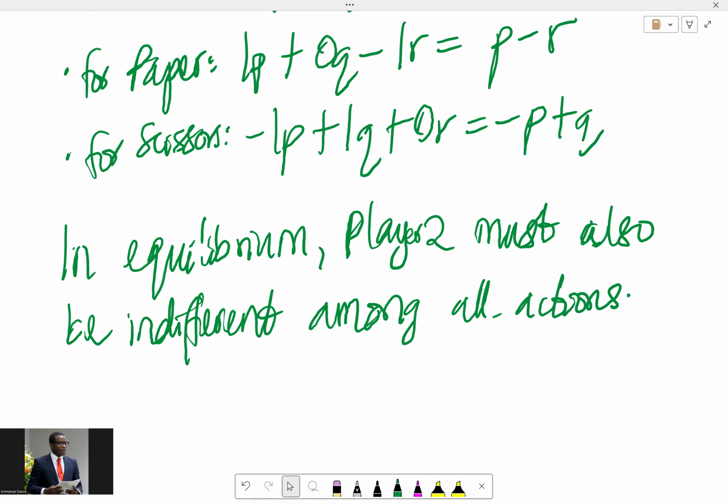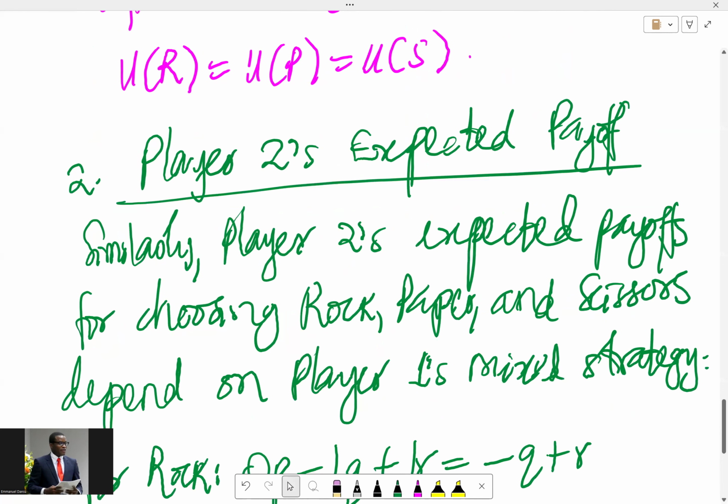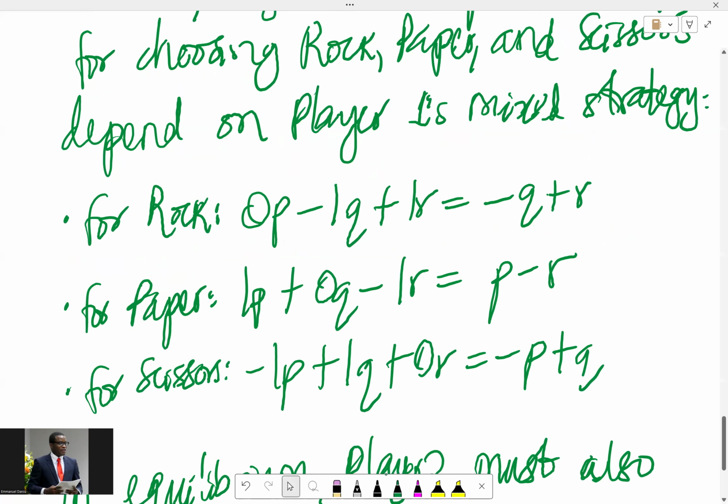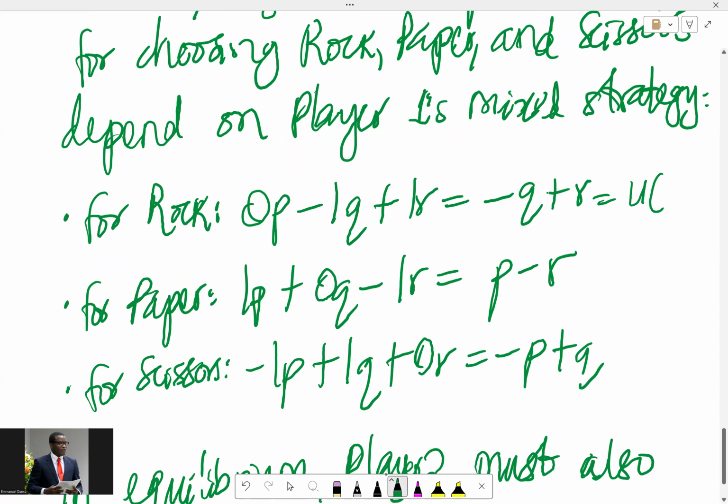Okay. One thing I forgot to do is, I did U of R, U of P, and U of S. But here this is like U of R prime, because we are focusing on the expected payoff for player 2. So U of P prime, and then this is U of S prime. Okay. I should have written that previously.